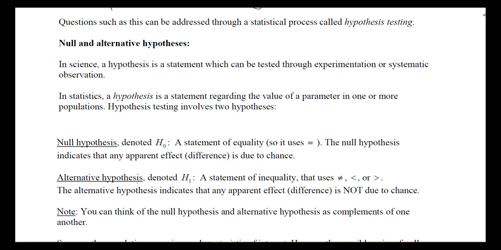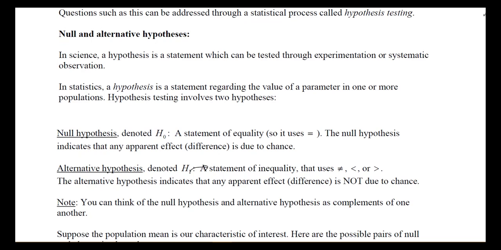Okay. Then we have the alternative hypothesis, which is denoted H1, or often HA for alternative hypothesis. Okay, and this is going to be a statement of inequality.